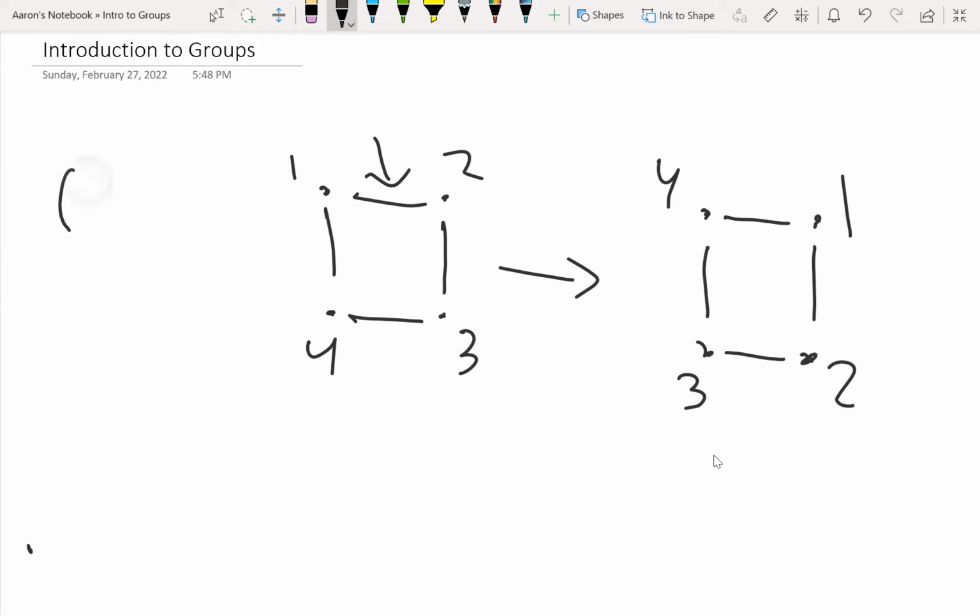And so if we now have 4, 1, 2, 3, which is this permutation here, this edge is now between the first and the second object, which are no longer vertices 1 and 2, but it's still an edge that existed in the original graph. So we've maintained sort of the set of edges, even though we've moved the vertices around.